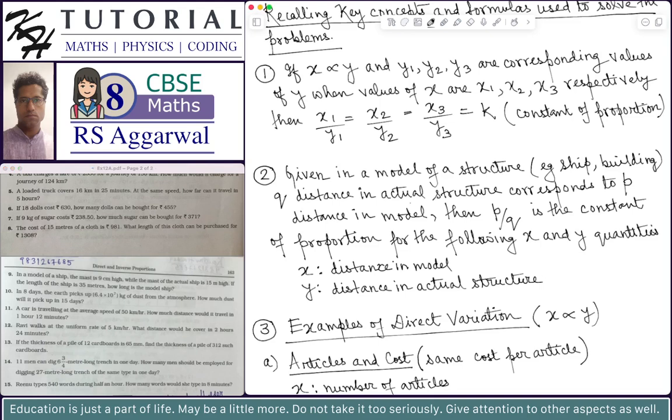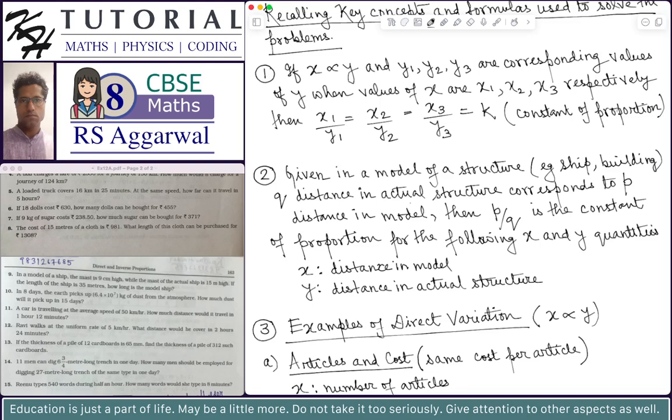So it is similar to a map. In a map also there is a scale, which means that a particular distance in the map corresponds to a certain distance in the actual world. Let's say the scale of the map is that 1 centimeter in the map is equivalent to, let's say, 10 kilometer in real life.